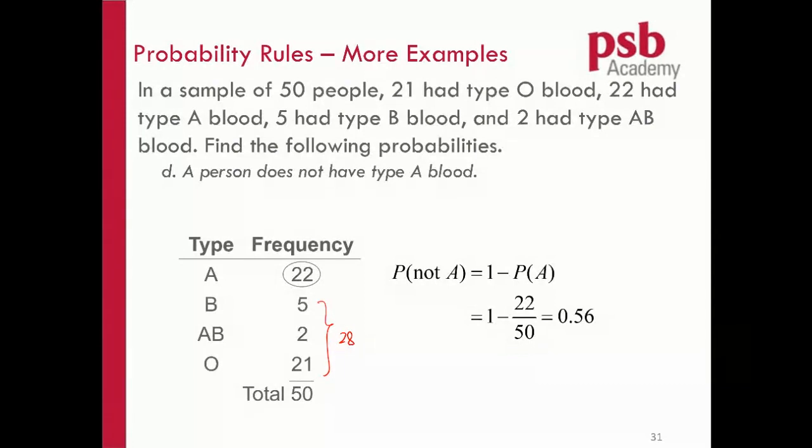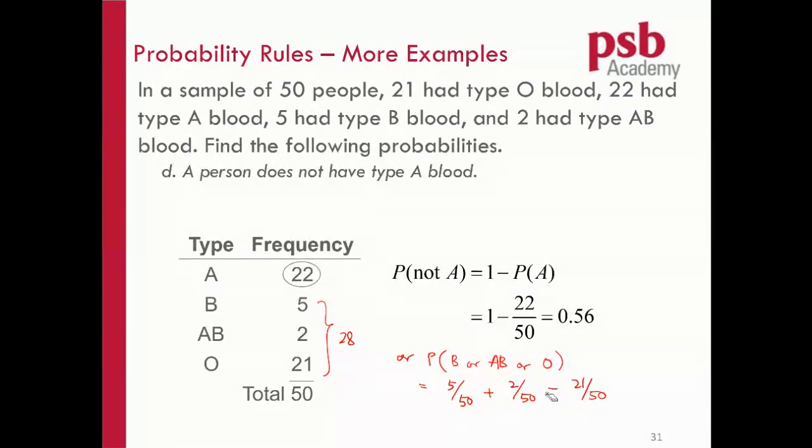Or the other way, not getting A, means B or AB or O. So you add these three together: 5 over 50 plus 2 over 50 plus 21 over 50.